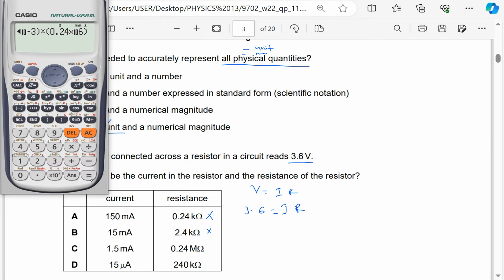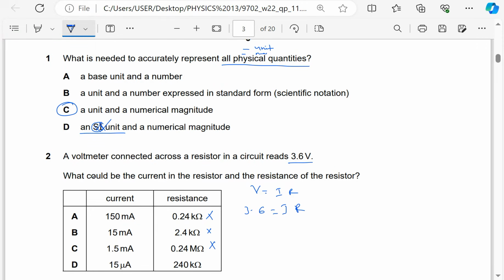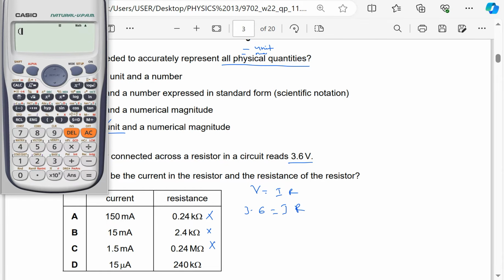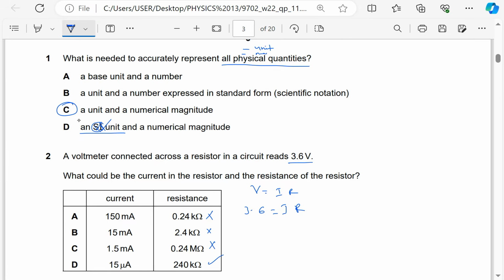So that is 36 again, so that is also out. I'll check the last one, but I know it's the answer. 15 exponent minus 6, that is micro, then times 240 kilo, exponent 3, which is 3.6. So the answer is D.